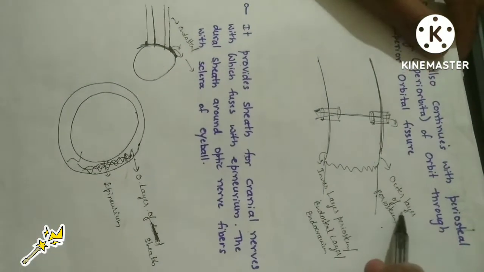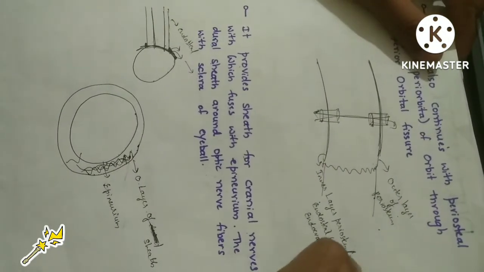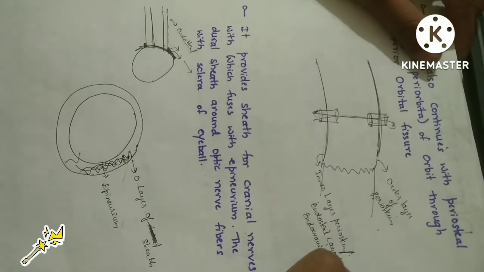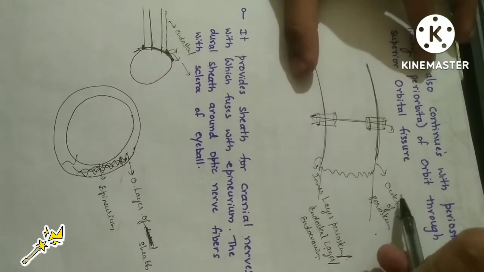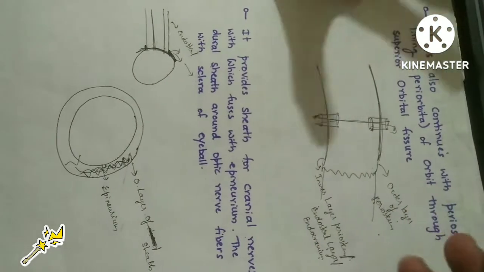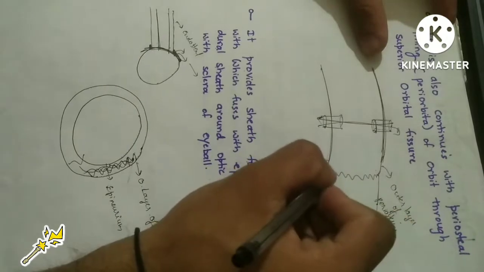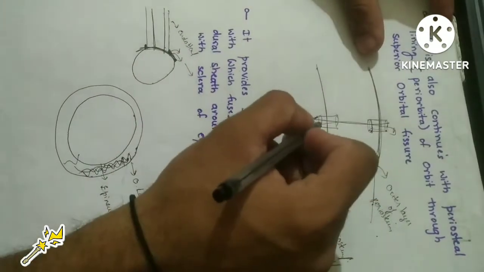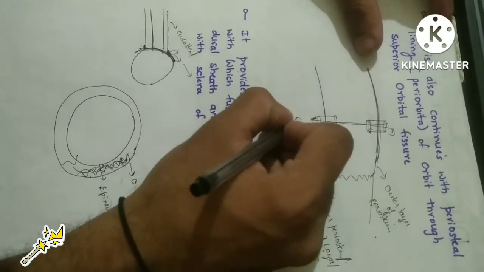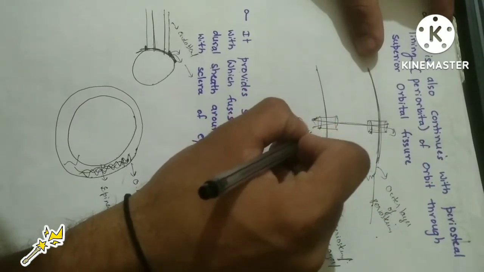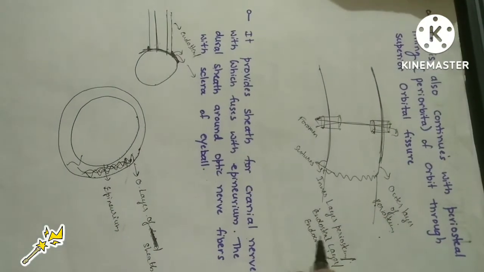So these are the sutures and these are the foramens. With the help of the sutures and the foramen, the outer layer of the periosteum and the inner layer of the periosteum communicate with each other.